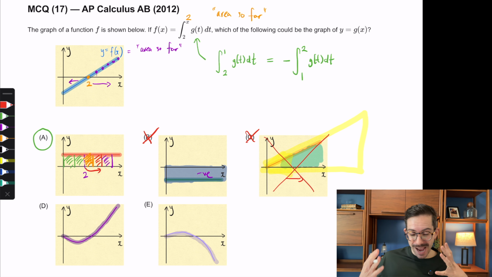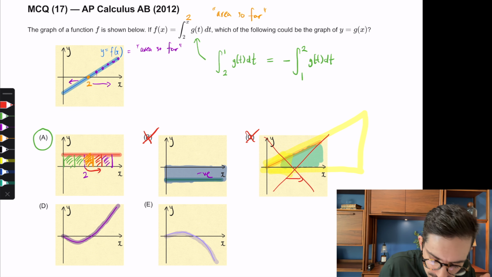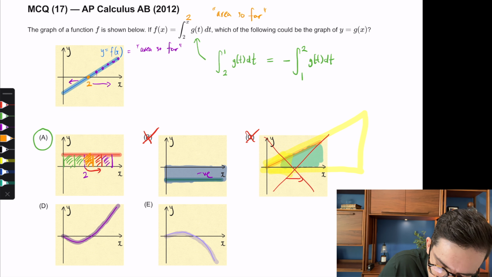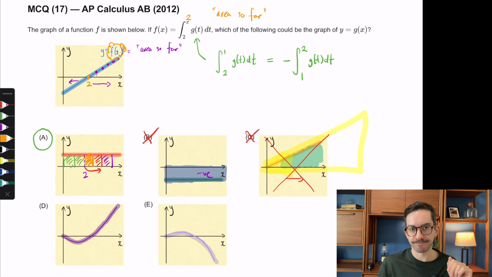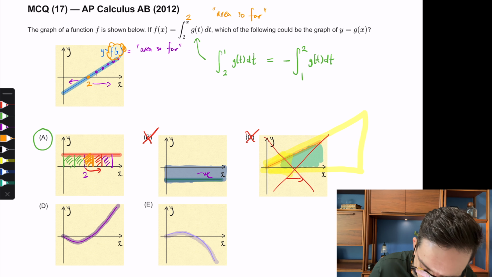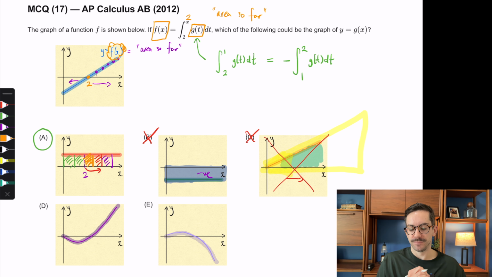If you had no idea how to start this, okay, how I would suggest you get into it is, notice that f, the function, is a linear function. So when I found f by integrating the function g, I got a linear function.